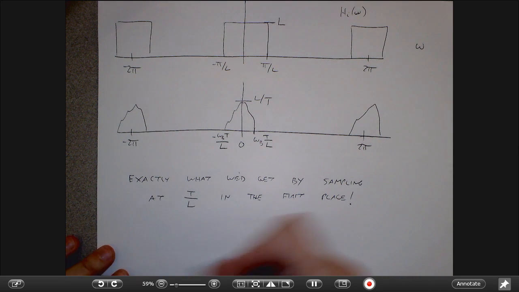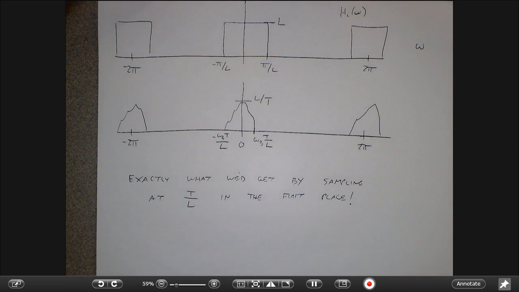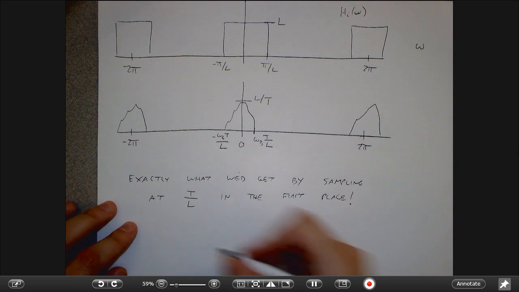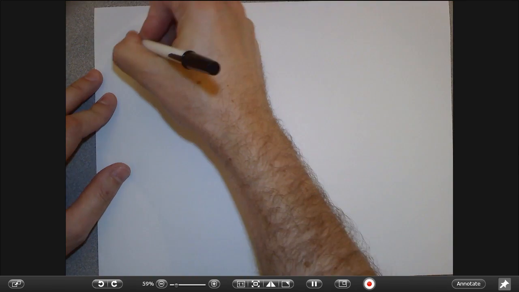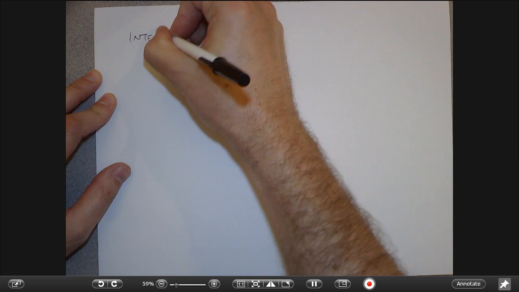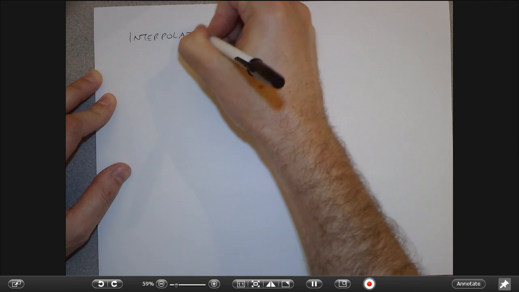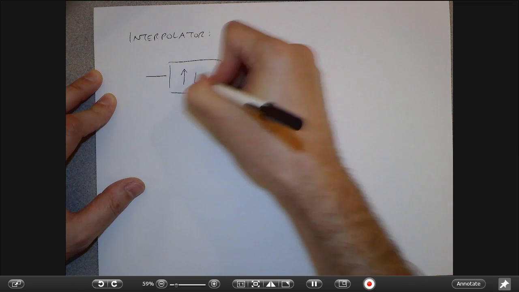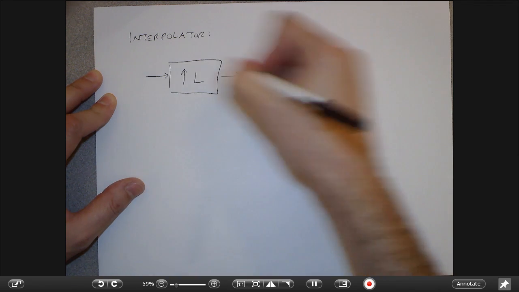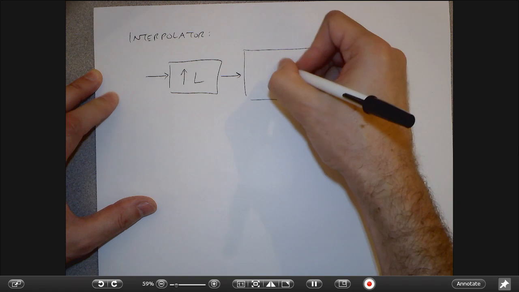And so this whole system of inserting the zeros and then applying the low-pass filter is sometimes called an interpolator. So what I need to do is build a system that is combined of an expander block and a low-pass filter block.